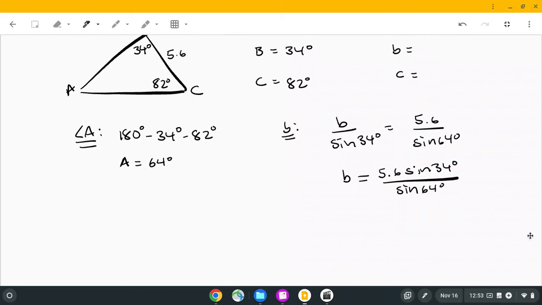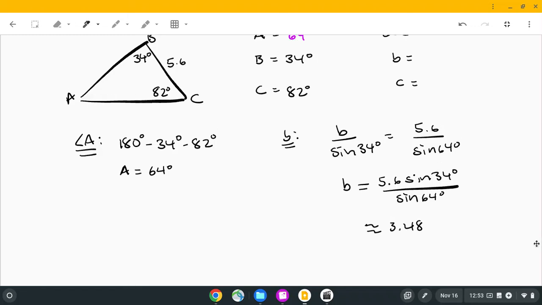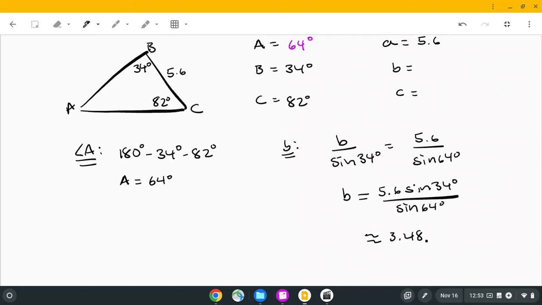So here b is roughly 3.48. How many significant digits do we have? 2, looks like. Okay, so that's going to be 3.5. Okay, so 3.5 for our final answer, because we are dealing with 2 significant digits, and so this rounds off to 3.5.